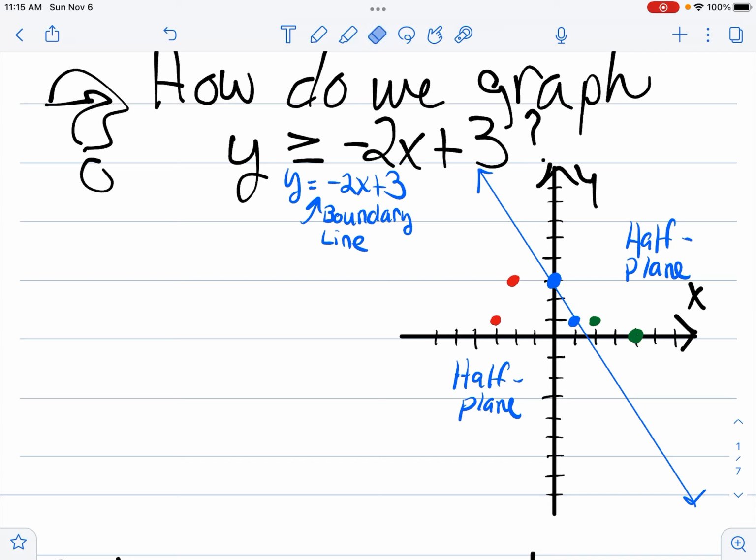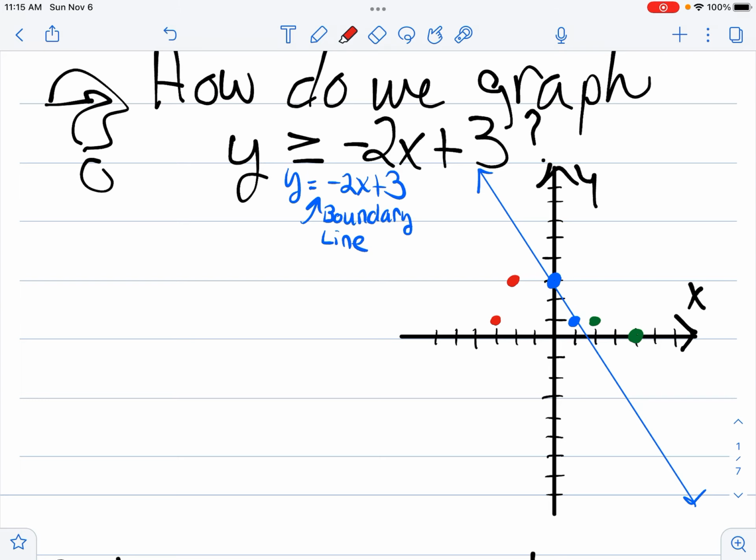So if you notice that all of the ordered pairs that worked were on the right side of this line, the solution zone would be any ordered pair on the right side of that boundary line.